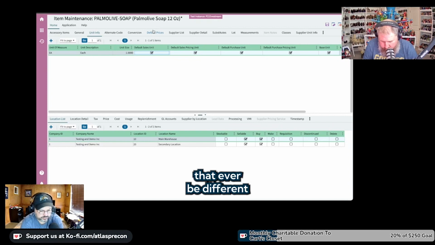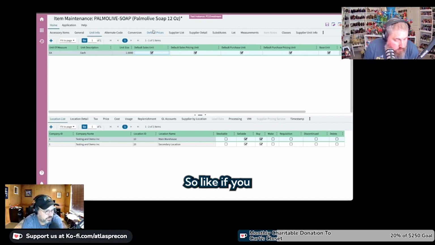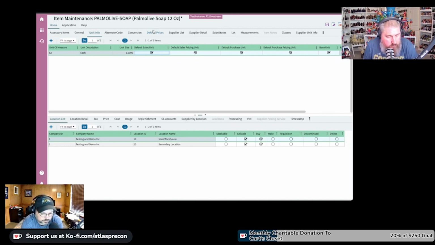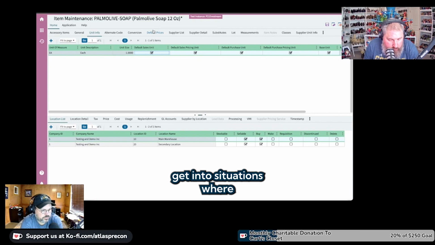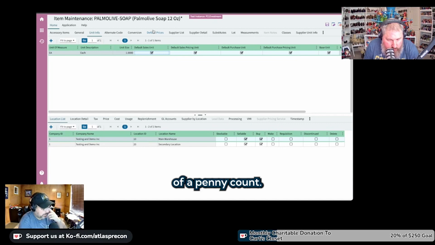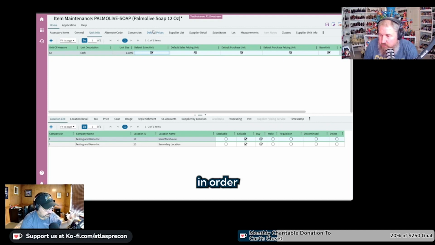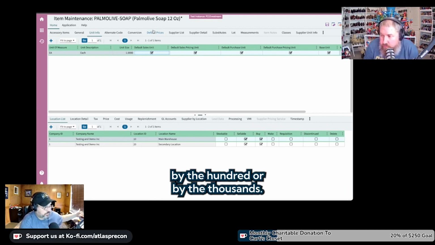Sales pricing unit. Why would that ever be different than the sales unit? Well, there are industries that do that. Take the fastener industry, for example. You frequently get into situations where things are so small and inexpensive that tenths of a penny count. To combat that, they sell it by the 100 or by the 1,000.